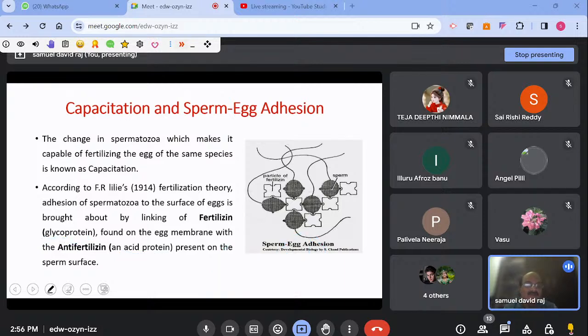So in this diagram, you can see the particle of fertilizin present on the surface of the sperm which comes in contact with the particle present in the egg membrane called the anti-fertilizin. Thus there is a contact between these two which facilitates this.